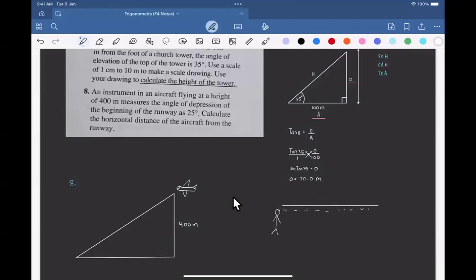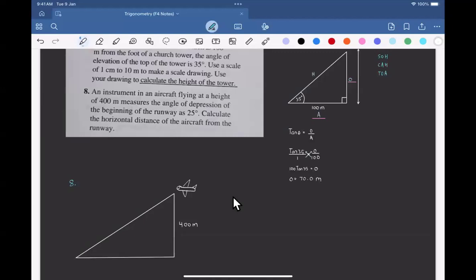So the angle of elevation is with the horizontal line. Hold on, I'm overthinking it now.